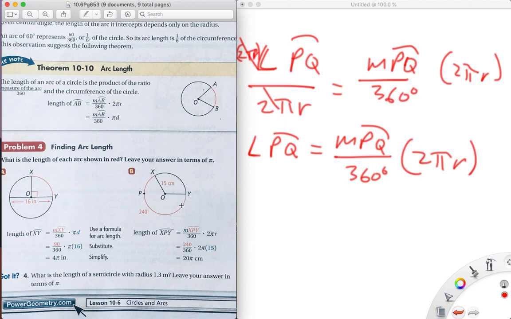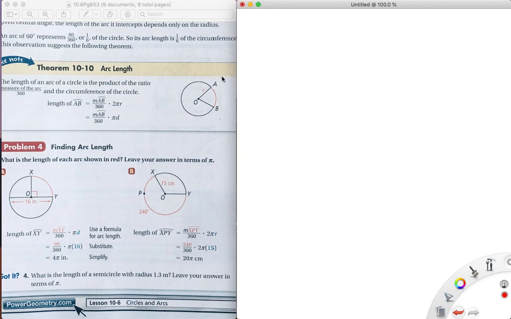So if we do a question on this, if you look at number 4, they ask you to find the length of a semicircle with the radius of 1.3. So we have a semicircle, and it has a radius of 1.3. What do I know about a semicircle? It's 180 degrees.